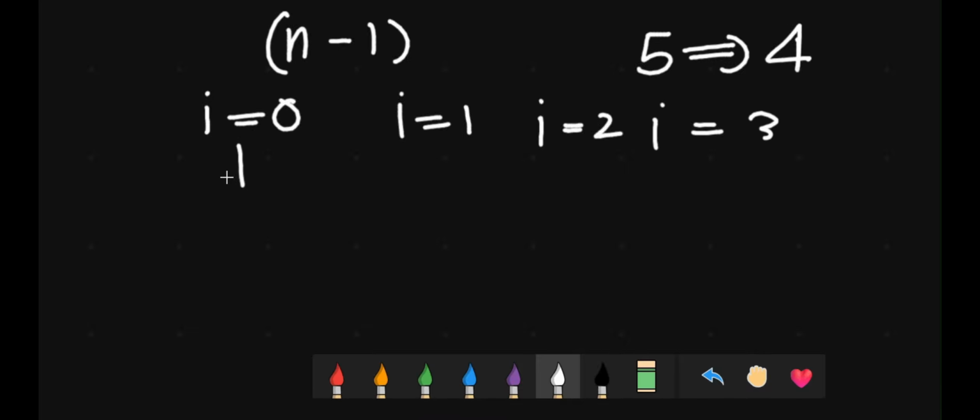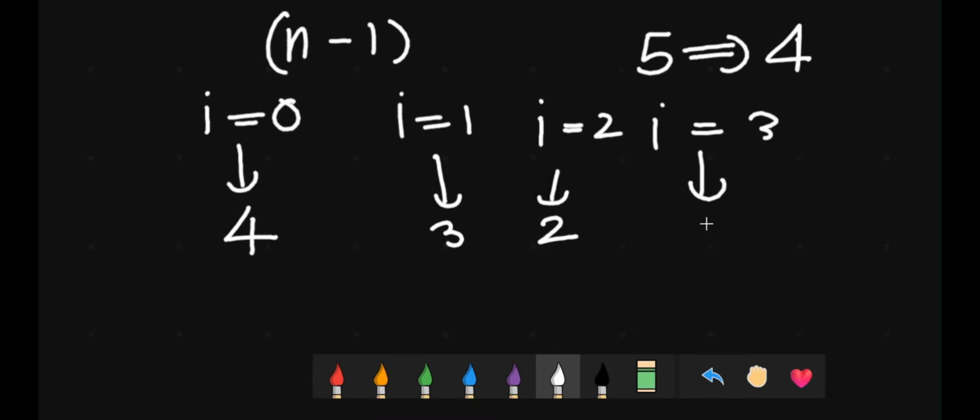When i is 0, the loop will run 4 times. When i is 1, the loop will run 3 times. When i is 2, the loop will run 2 times. And when i is 3, the loop will run 1 time.